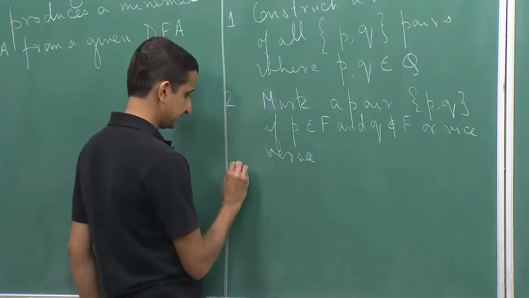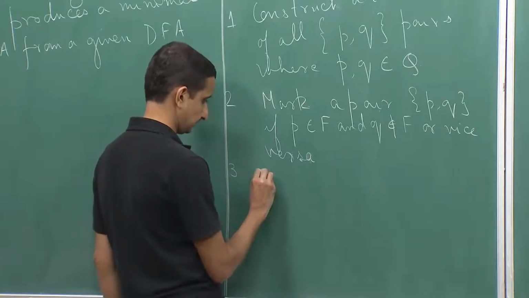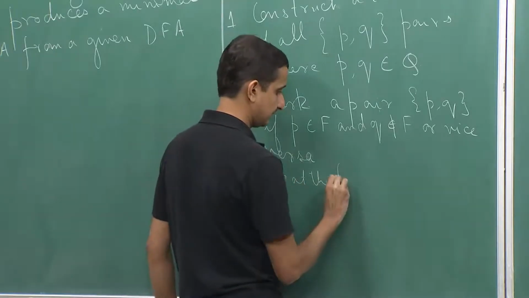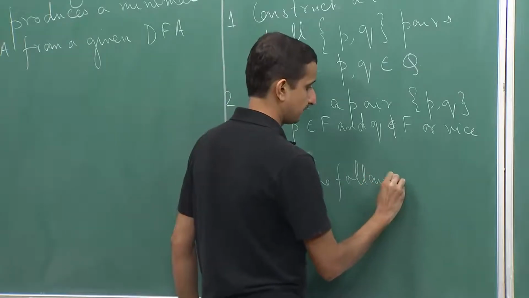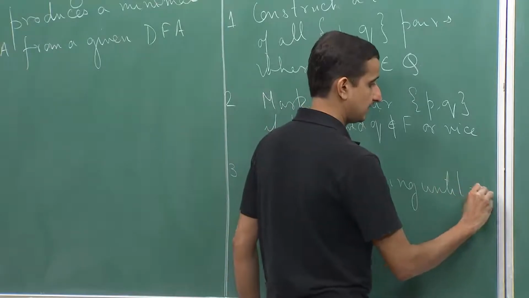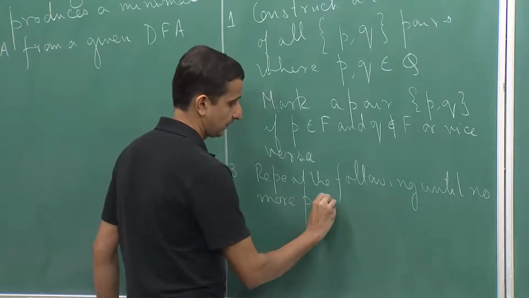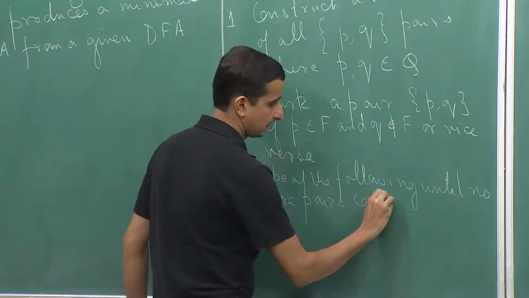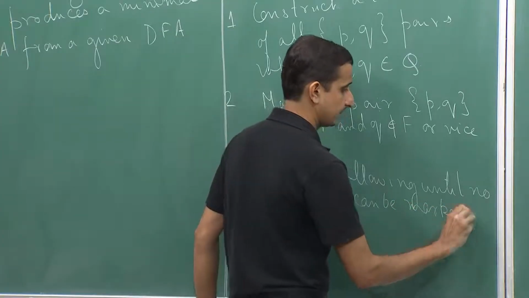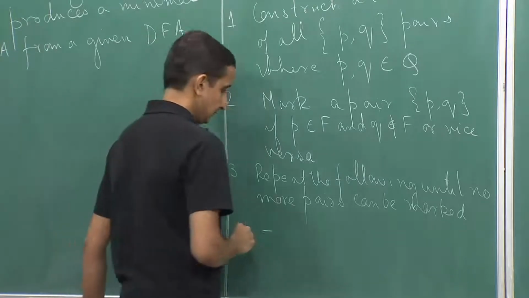Now, the third step is to repeat the following until no more pairs can be marked.